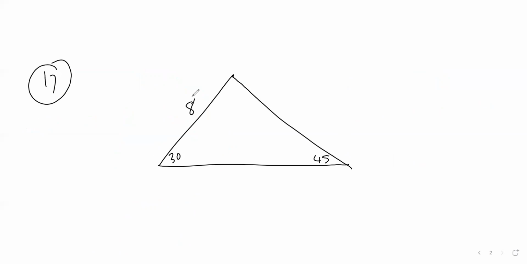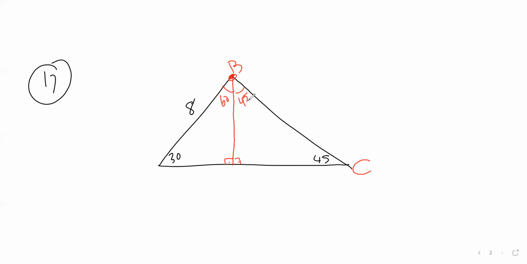What I will do is draw a perpendicular line to the base of the triangle, which will make this a 60 degree angle, and then over here you'll get 45 degrees. Remember, we're trying to find the length BC here. Both triangles are special triangles: this is a 30-60-90 triangle, and the other one is a 45-45-90 triangle.